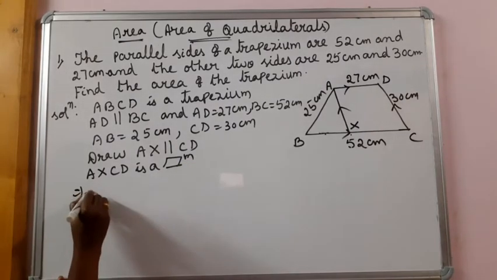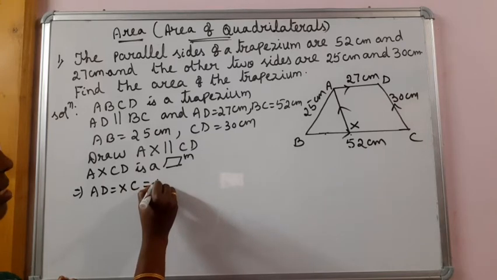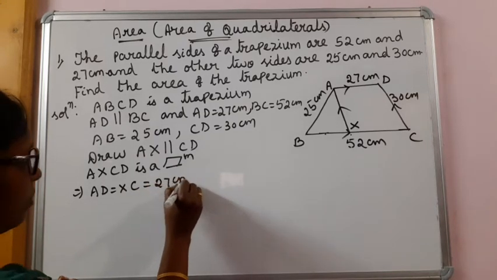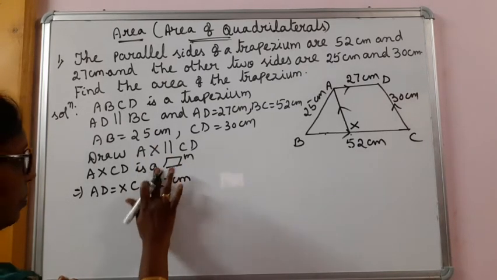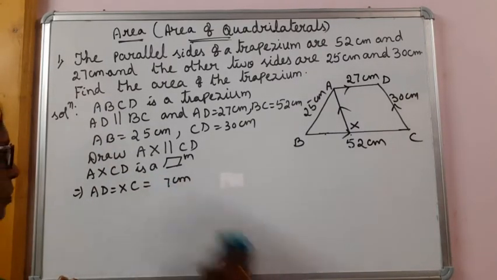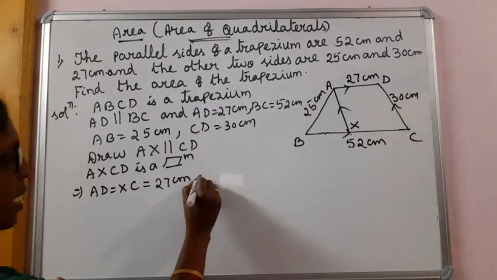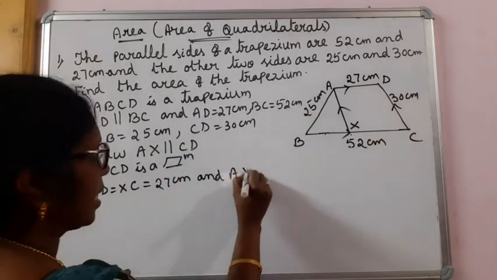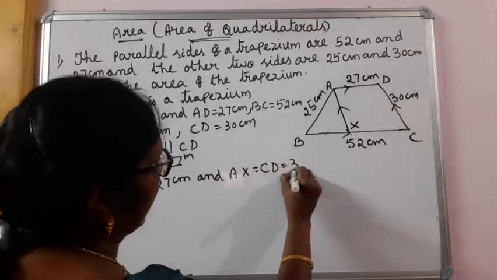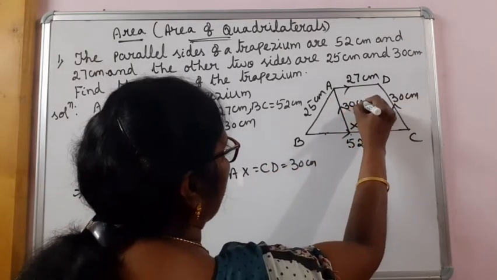AD is equal to XC, that is 27 cm, and AX is equal to CD, that is 30 cm. So this AX will be 30 cm.